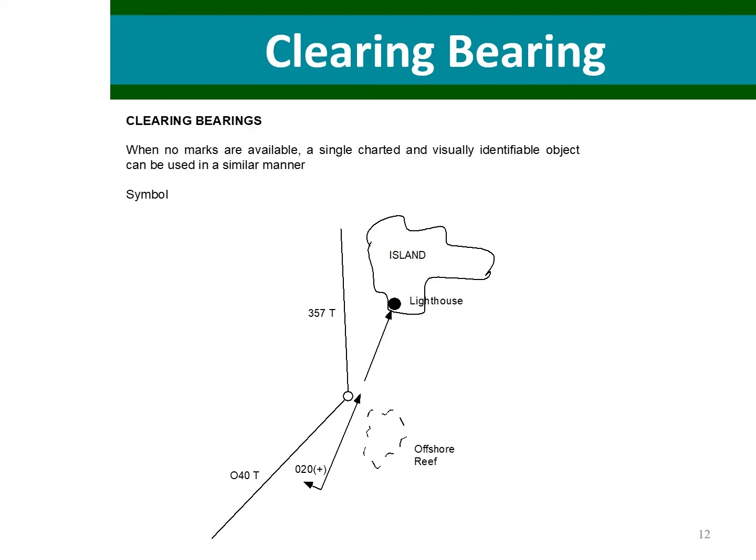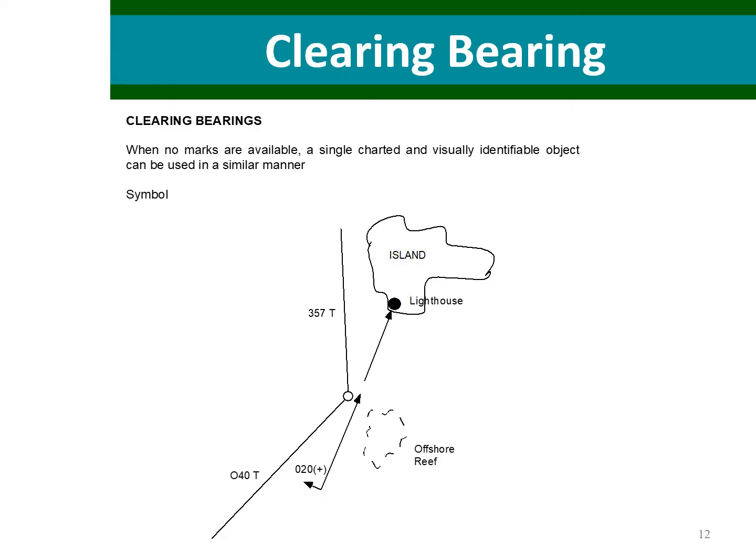Alright, then we have the clearing bearings, or the clearing bearings are when no marks are available. A single charted and visually identifiable object can be used in a similar manner to make broad alterations of courses or change of courses. So if you have no marks available, just use the single mark, and you can have a range and bearing from that mark, which will give you indication of when the vessel should start to turn to join the new course.